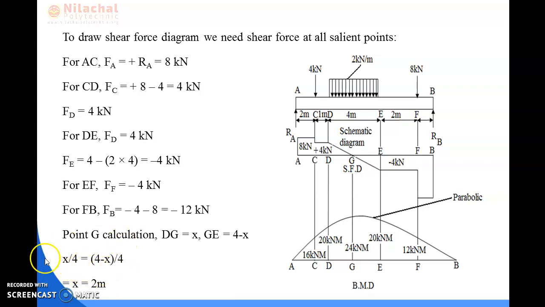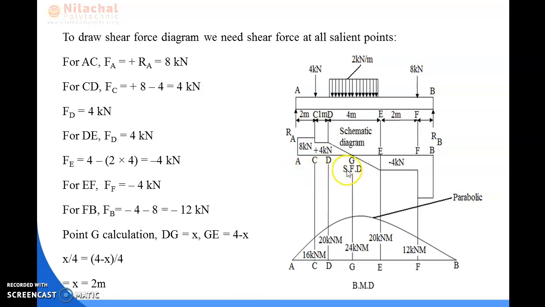So from this equation, we can get the value of X, which is 2 meter. By solving this equation, the X value we got as 2 meter. So 2 meter is the distance between D to G. That means here to here. So the total distance from the support will be here 2, and C to D the distance is 1 meter, and A to C the distance is 2 meter.